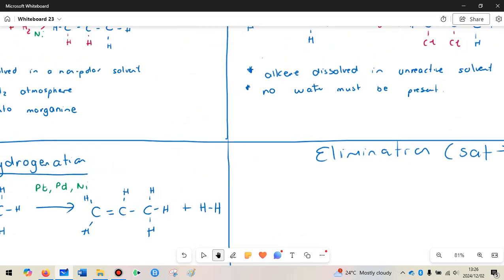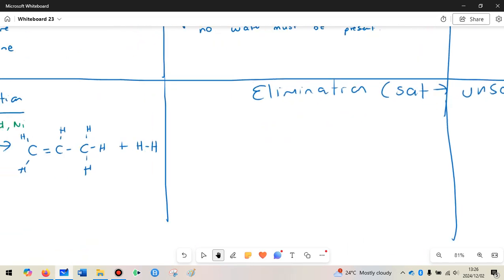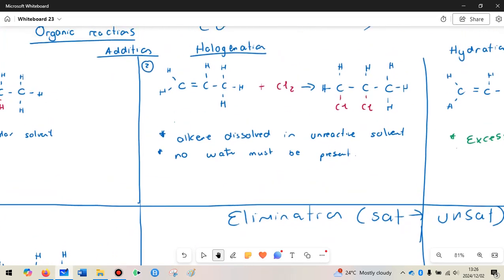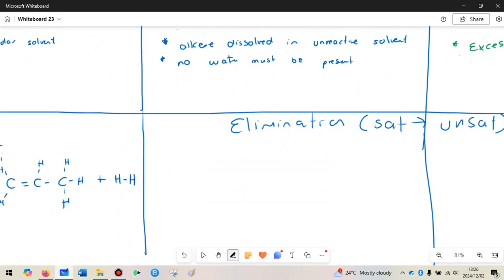Then moving on, again, we're keeping it in the same order. If the forward reaction was halogenation, then the reverse reaction is dehalogenation. Now we're removing a halogen. So once again, we're starting off with a compound that's got a halogen in it. Let's just add Cl into this.